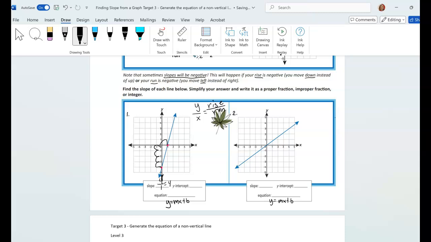All right, and the y-intercept, this is the trend line where it crosses the y-axis. And let's see, we have -1, -2, -3, -4. So y-intercept is -4. So the equation is y equals m is slope, which is 4, so we're plugging in 4.